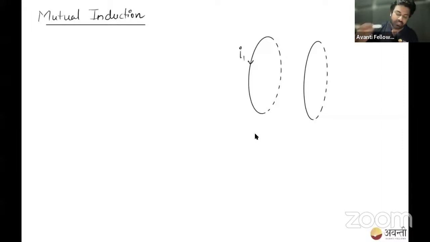Let's say there are two coils. One coil is having current I1. Another coil will get induced due to this coil. How? When the first coil has some current I1, it will have some magnetic field, and the direction of the magnetic field will be somewhat like this.